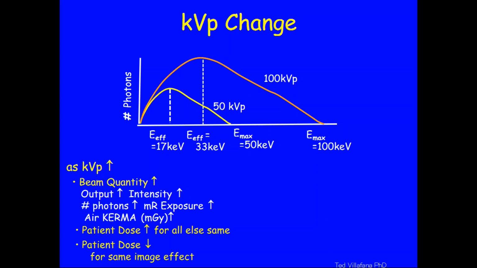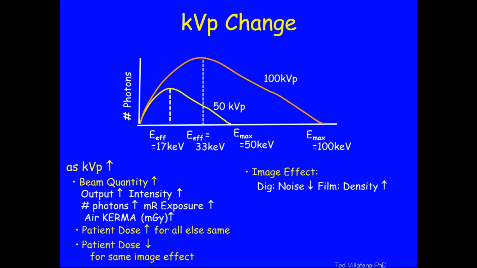And I'm going to explain what we mean by "for all else the same". But for now, we're going to come back to the second dose parameter where it goes down. For now, I do appreciate that the dose will go up if you go up in kVp. And as we've seen, you get more photons at all energies, okay?